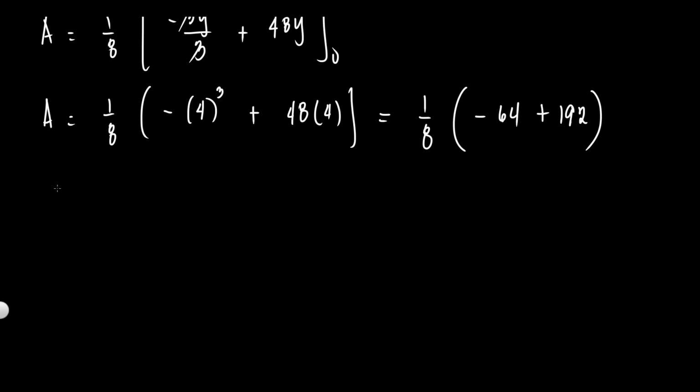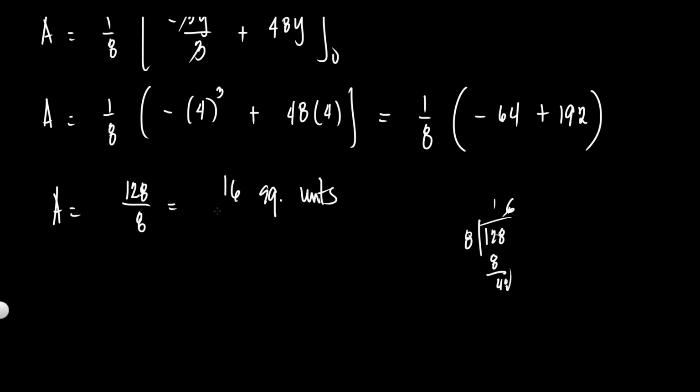So area now is equal to 192 minus 64, which is 128, over 8. Divide 128 by 8, and we get 16. 16 square units. So this is the final answer. Yeah, it's easy, right?